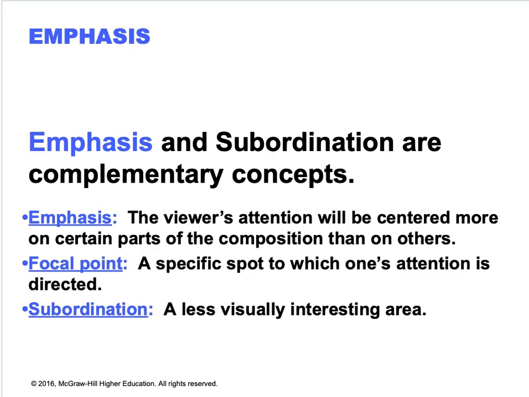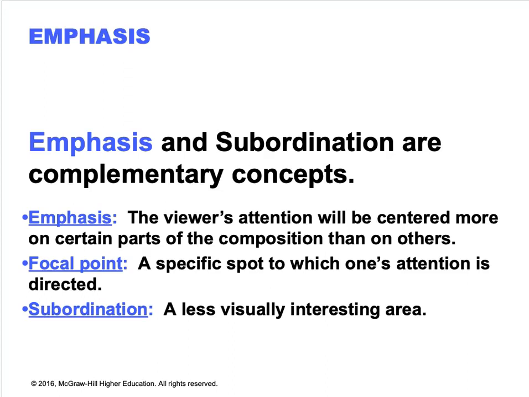Well, in a painting or a work of art, or not just a painting, it could be three-dimensional as well. Artists generally, and a lot of times, want the viewer's attention to go to one specific place in the work of art, and de-emphasize the other areas.